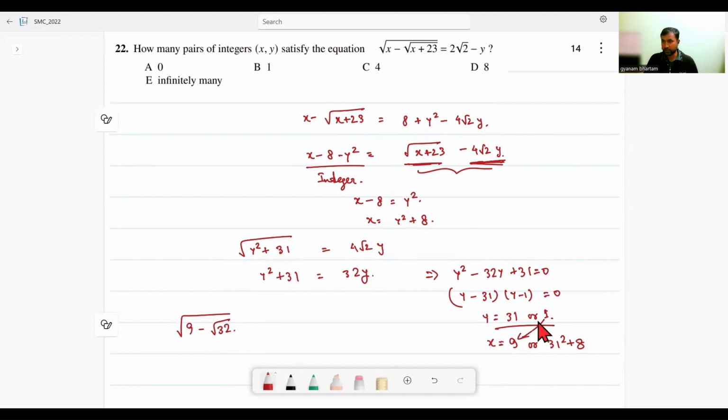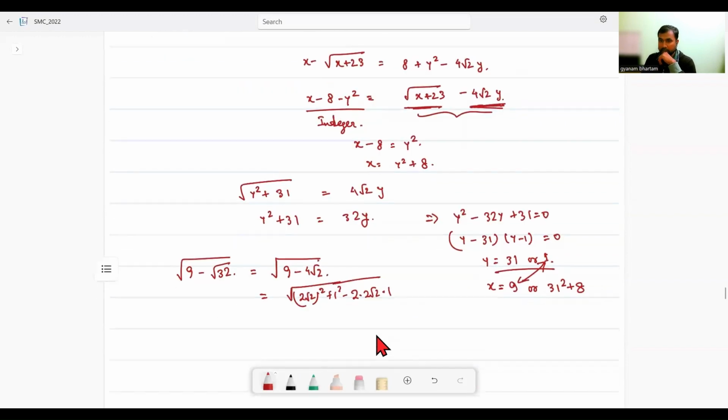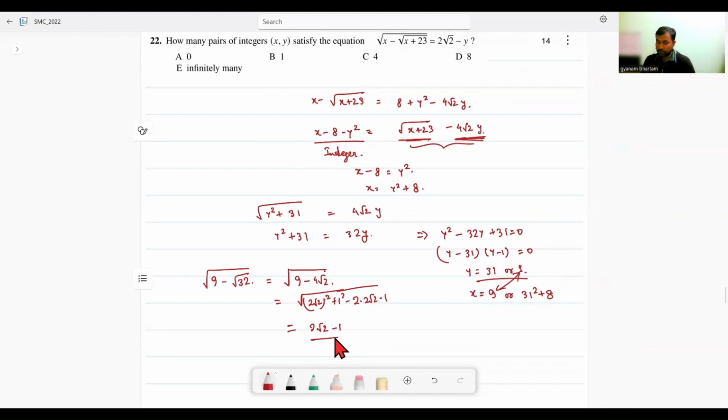If x is 9 and y is 1, then we have this case. And this will give 9 minus 4 root 2, right? And since we squared that, can we simplify this one? So if you observe, it's going to be 2 root 2 whole square plus 1 square minus 2 times 2 root 2 times 1, right? And this gives 2 root 2 minus 1, which is correct, what we have already, y equal to 1.